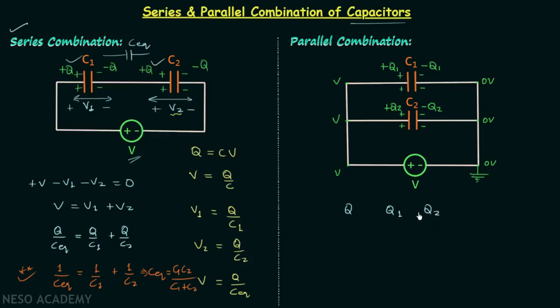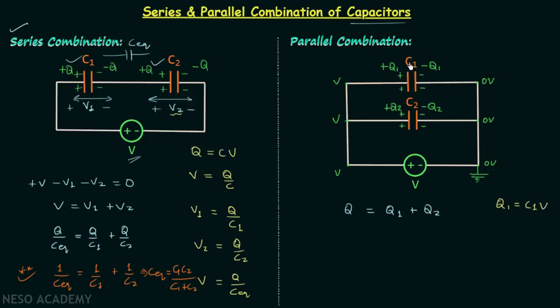So the sum Q1 plus Q2 will be equal to Q, and from here we can see that Q is equal to CV, and therefore Q1 will be equal to C1V.